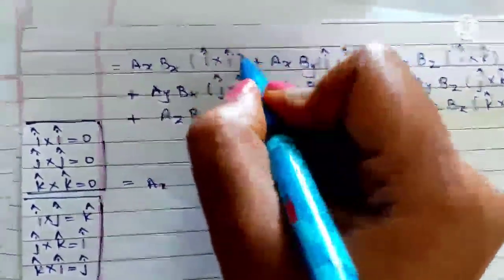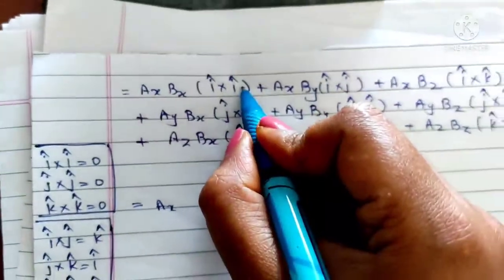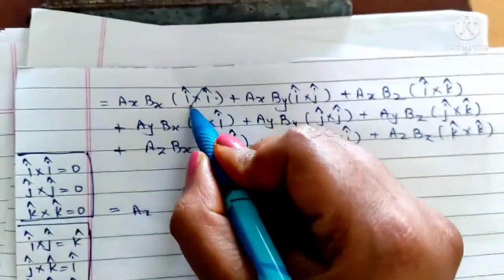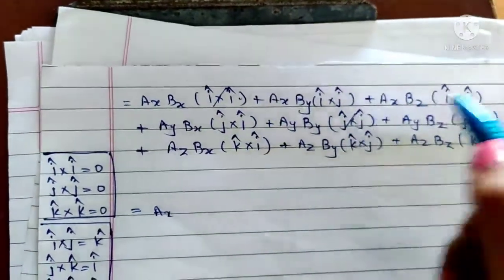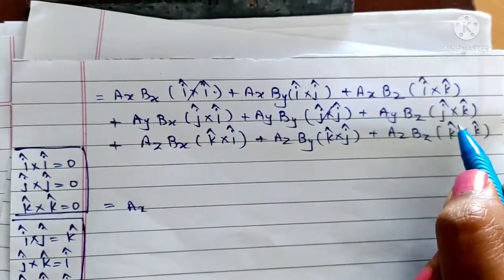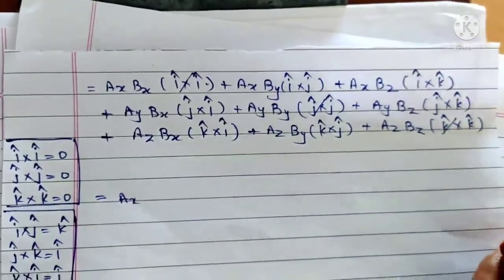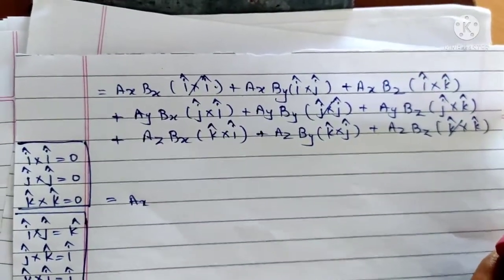We know that i cap cross i cap is equal to 0, so this term can be cancelled. Then j cap cross j cap is equal to 0, so this term can be cancelled, and k cap cross k cap is equal to 0, so this last term can also be cancelled.